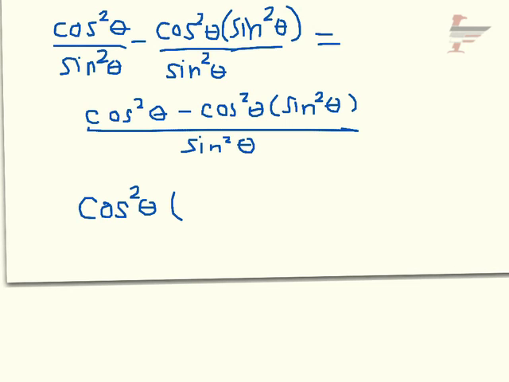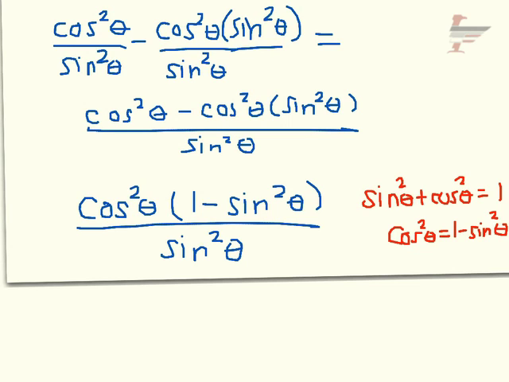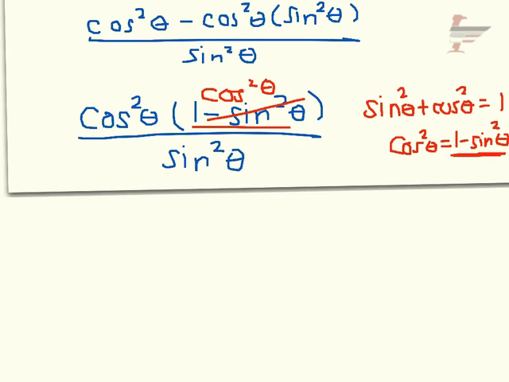Cosine squared theta will leave me with 1 minus sine squared theta. And hopefully you're starting to identify, again, the Pythagorean identity says sine squared theta plus cosine squared theta equals 1. So that means cosine squared is 1 minus sine squared if I just subtract sine squared. So I'm going to note that this and this are the same, so I'm going to replace this with cosine squared. Okay, well then, what can I do?